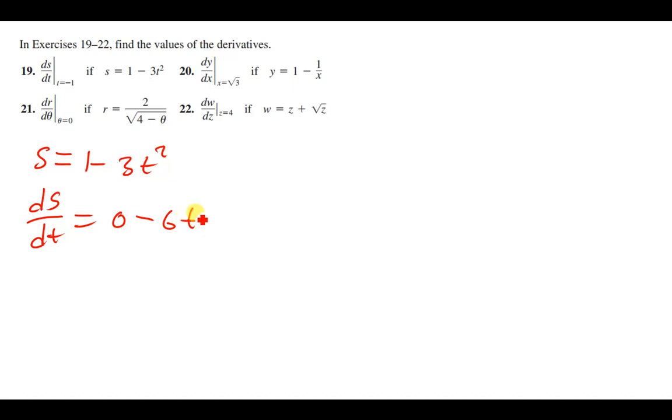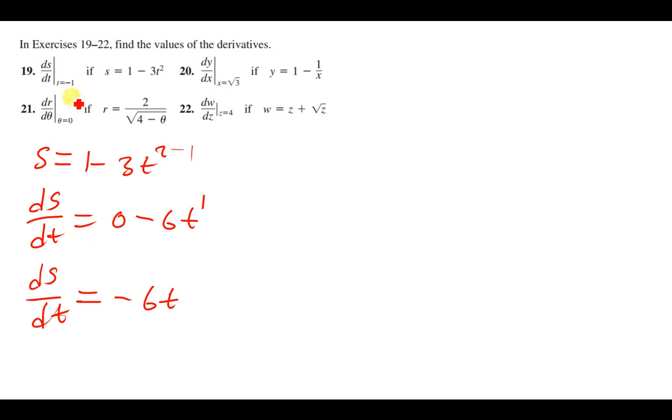Then t raised to the power 2 minus 1, which is 1. So ds/dt is simply equal to negative 6t.